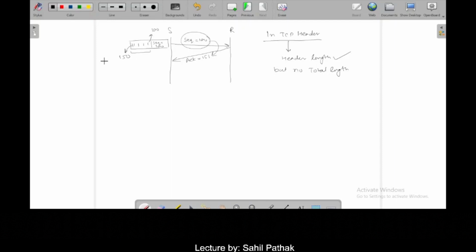So the answer is it will be calculated using the IP header only, as the IP header has the total length. Okay, here you can see that every TCP segment travels in an IP datagram. So just look here. Let's say this is the transport layer and this is your network layer.